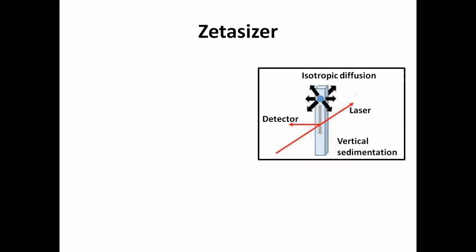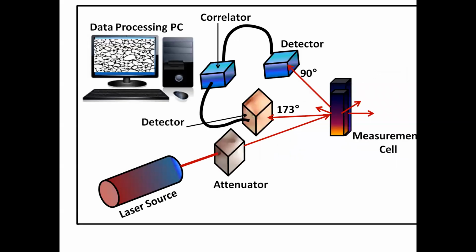This is a setup for a zeta size analyzer, or this is called a zetasizer. So Malvern is a very big name in the field of particle size analyzers. The Malvern equipment also operates this technique. So that can be represented here in a better way.